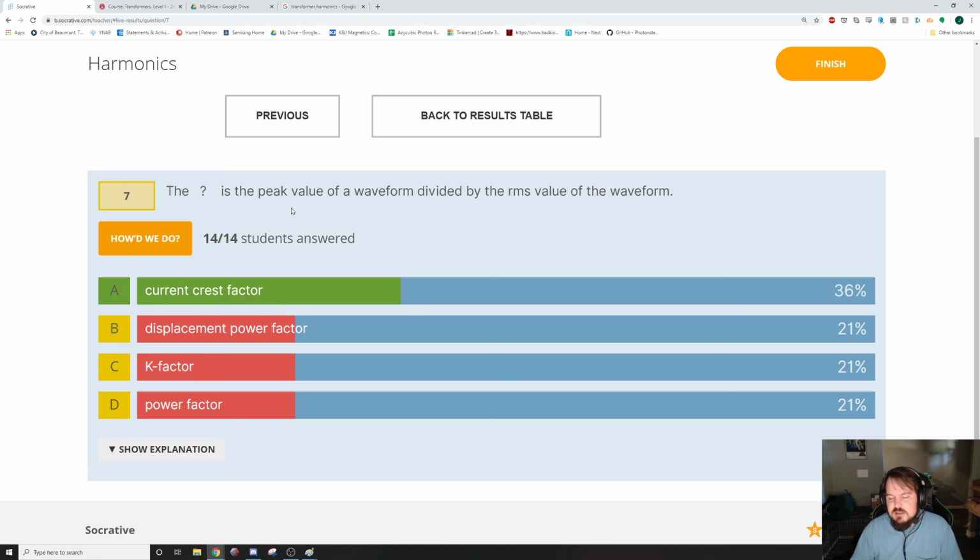The crest factor, actually it's the opposite of 0.707, 1.414. That's the reciprocal. That's what the crest factor is. We just didn't put a name to it back then. But yes, page 106 is where you'll read more about that.